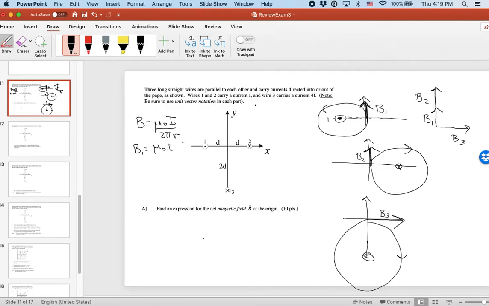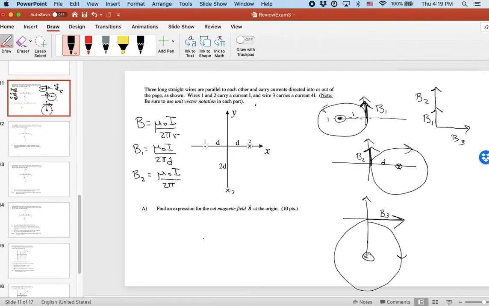B2 is equal to mu naught I over 2 pi, and the r is also d.